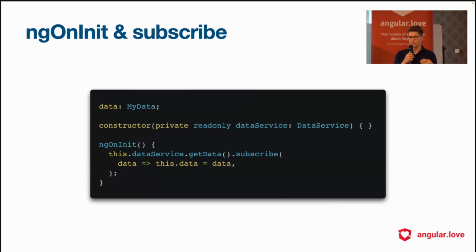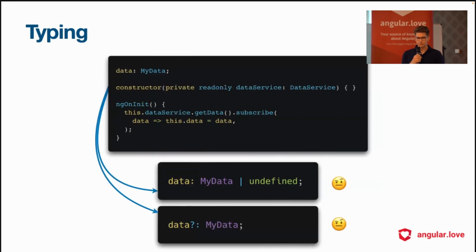Very, very common practice, very common use case. But if this is the only reason you are using ngOnInit, then it is completely unnecessary, and actually it has a lot of pitfalls, a lot of issues related to this particular approach. So let's go through those issues first.